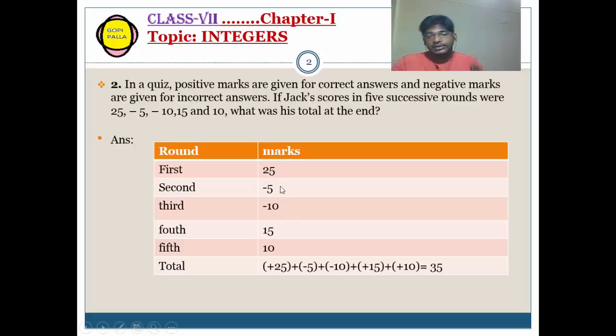The negative integers are -5 and -10, so this is -15. So plus 50 minus 15 is equal to 35. One positive and one negative, so we have to do subtraction, and keep the sign of the highest integer. Plus 50 is the highest integer, so plus 35 is the answer. That is the total score at the end of the quiz.